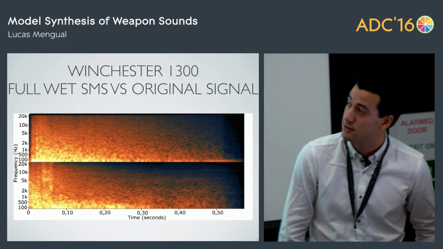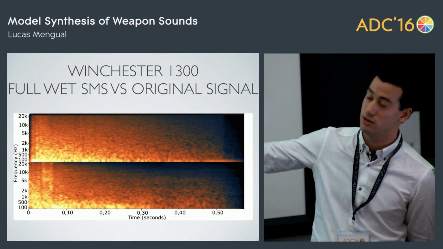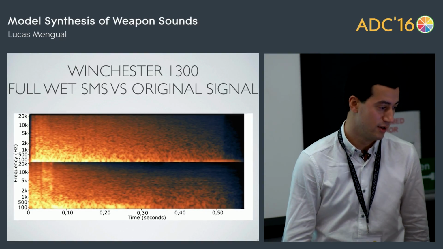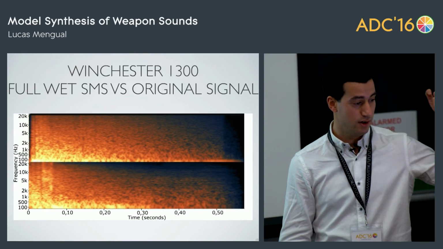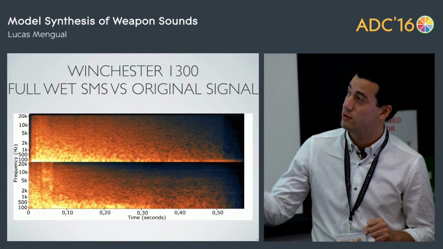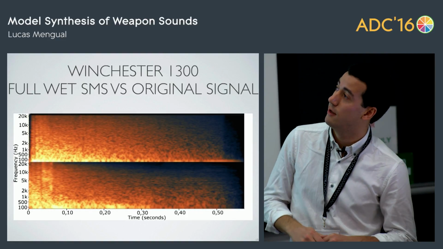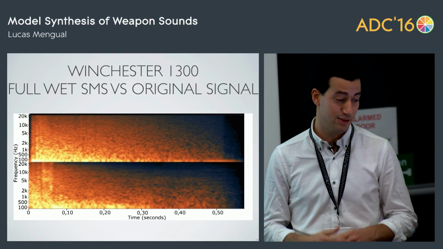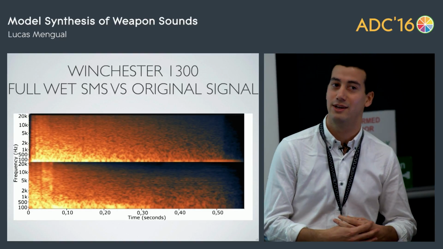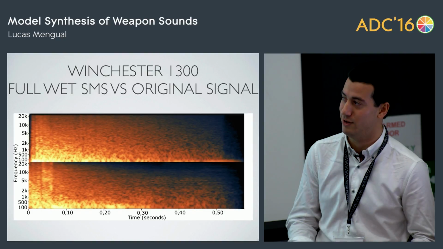So here, this is a shotgun recording. The bottom one is the original recording, and the top one is the model version, the procedural version. And as you can see, you can't clearly spot the modes in the gunfire.